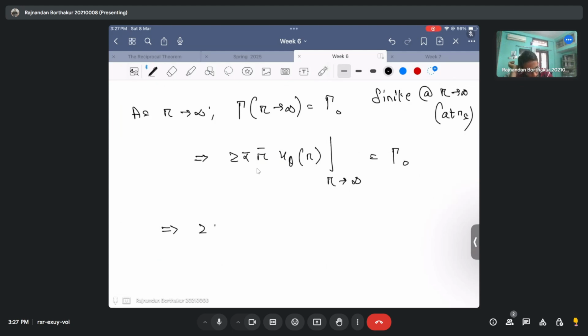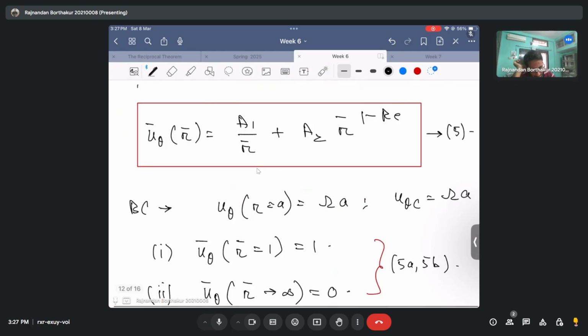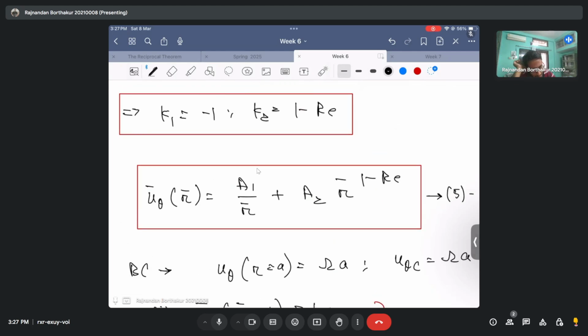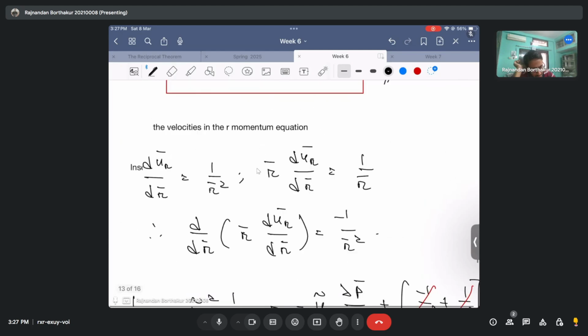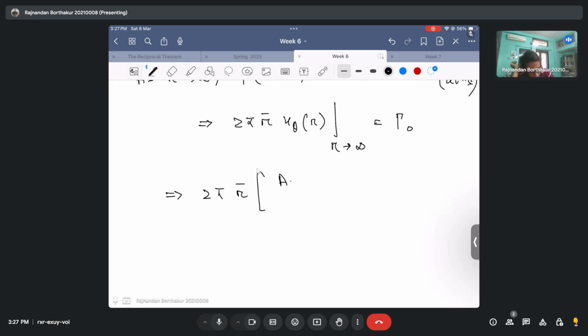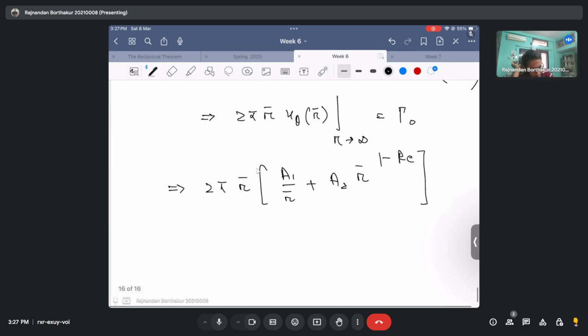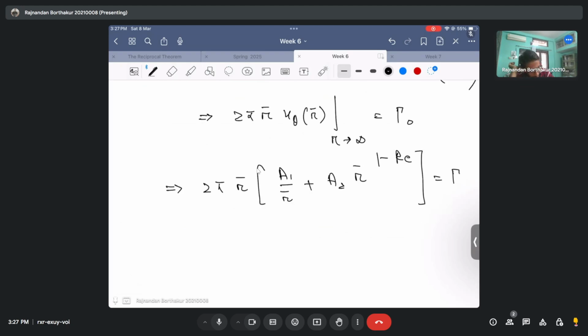So this is just going to be 2 pi r bar times u theta, which is basically a1 by r bar plus a2 times r bar to the power 1 minus Re. That's u theta bar, and this is equal to some gamma naught.